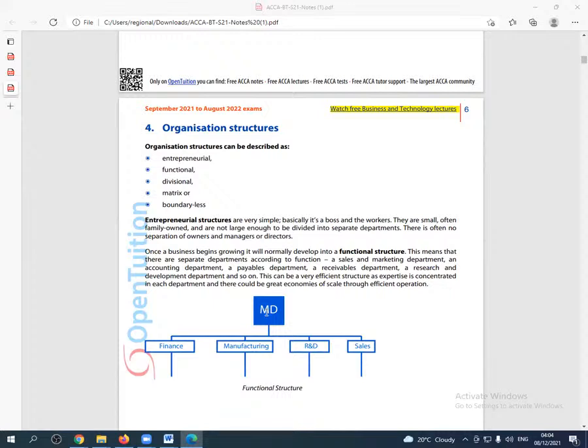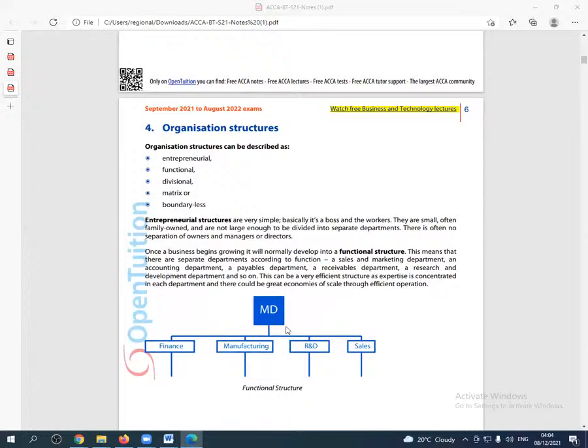Of course, we know that any good firm out there must be having, for example, a finance function, a manufacturing function, a research and development function, a sales function. So all these are like departments. And each of these departments is led by a director. So now we have a director of finance, a director of manufacturing.